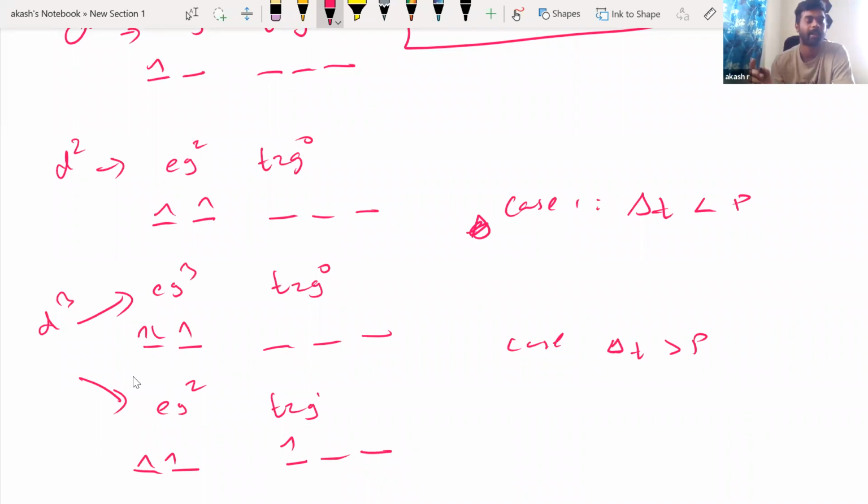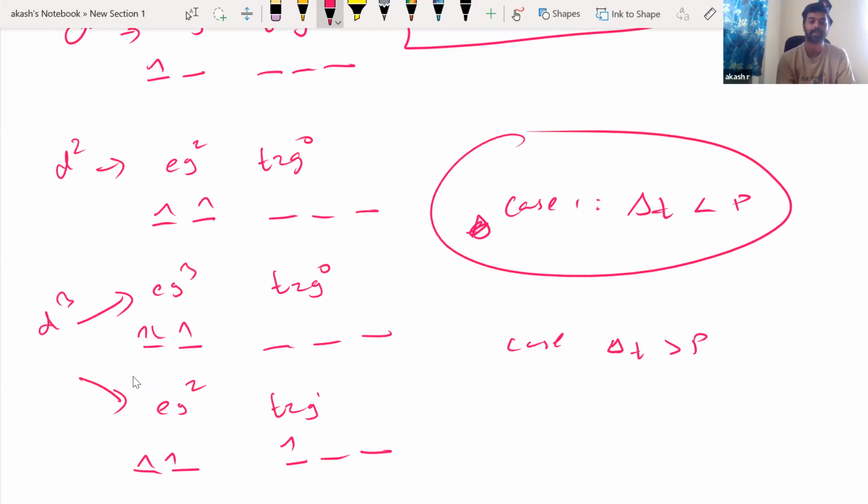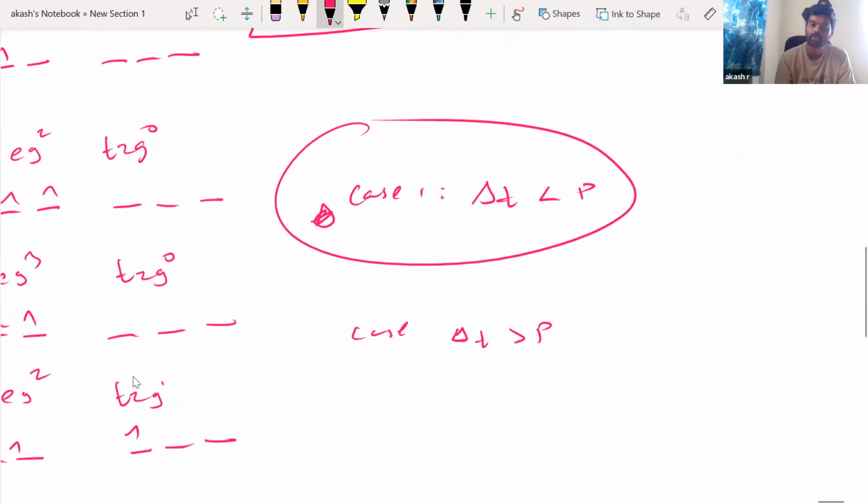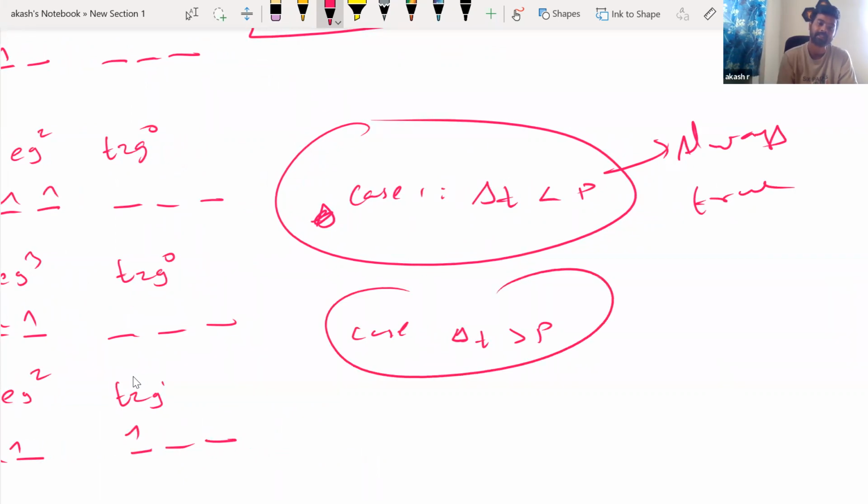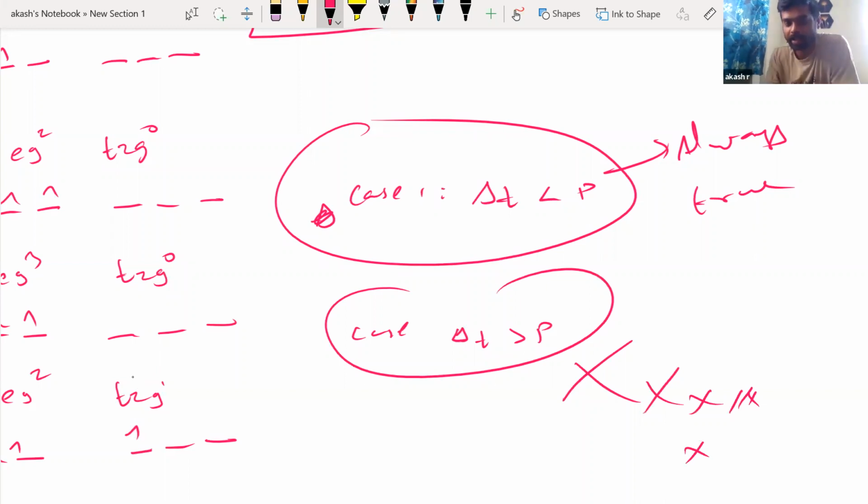Now, one strange thing is going to happen in the case of tetrahedral complexes. Your delta T, the splitting energy in tetrahedral complexes, can never, ever be greater than your pairing energy.